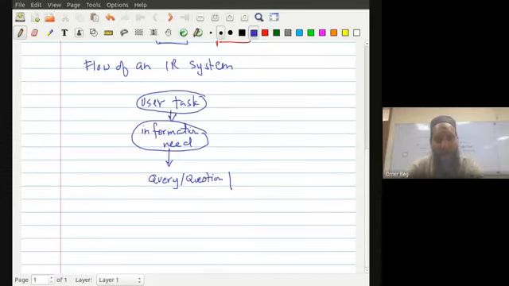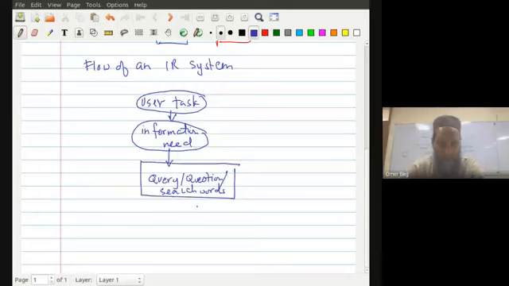or these can be search words, right? Then these are fed into a search engine.